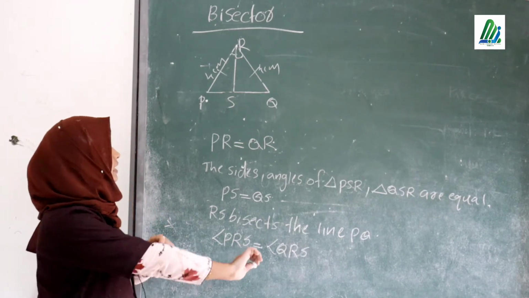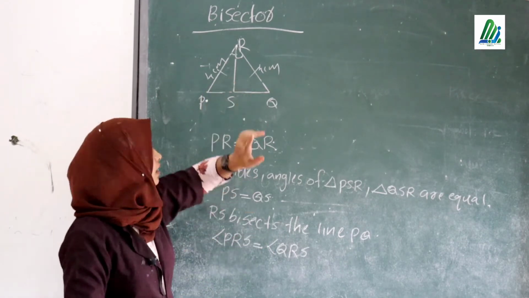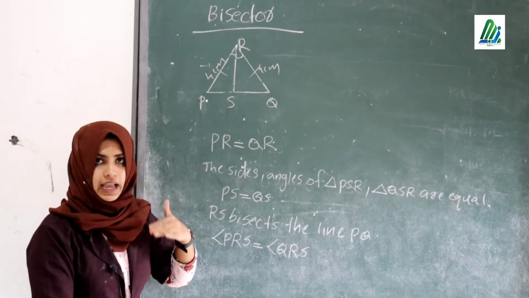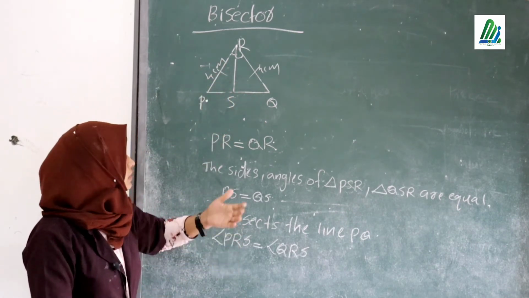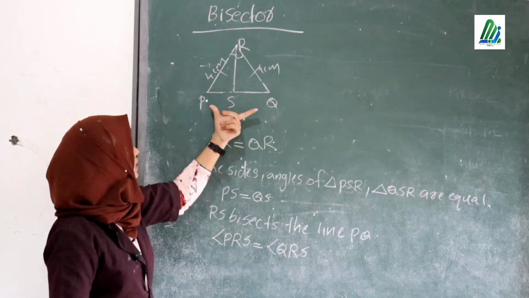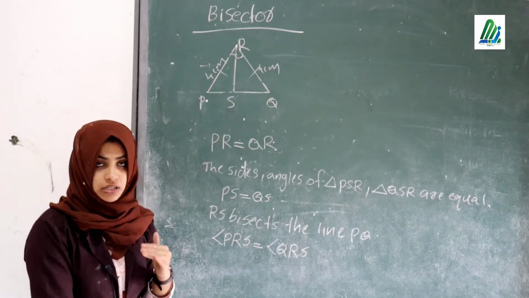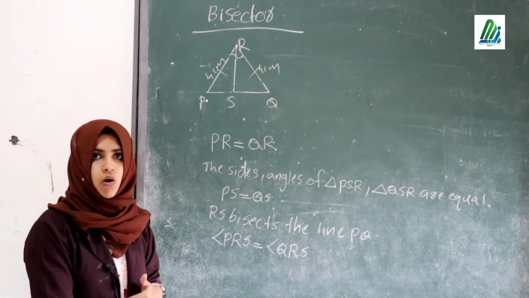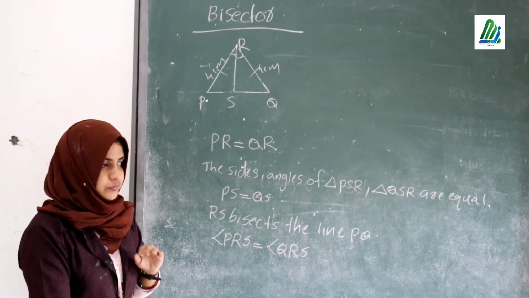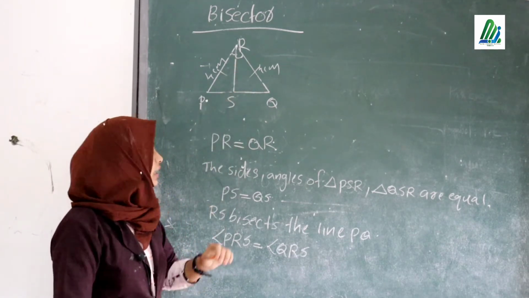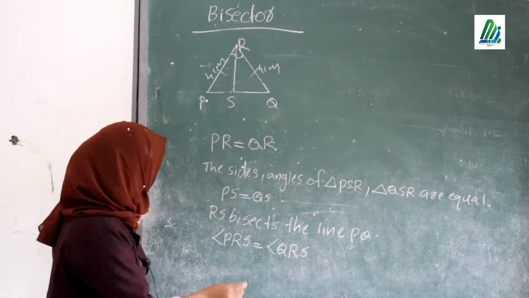Once again, here the line is RS. When we take the line RS, the line which divides a line or an angle into equal parts is called a bisector. Here the line RS divides the line PQ and the angle R equally.